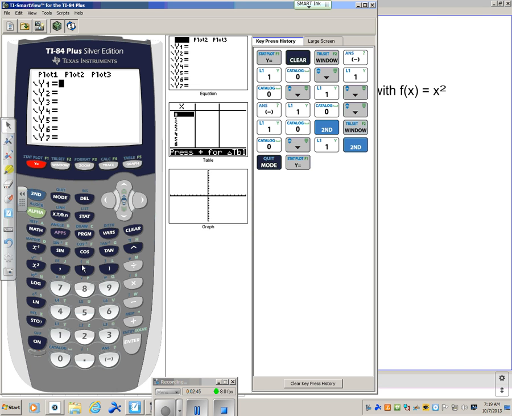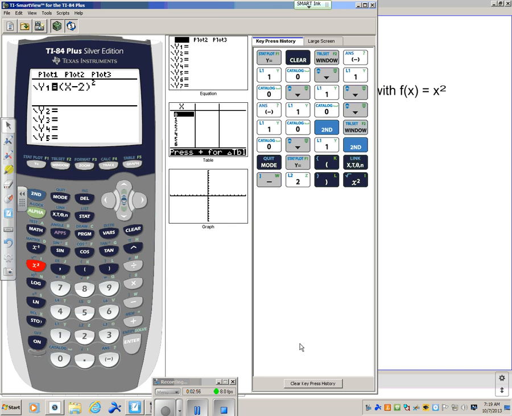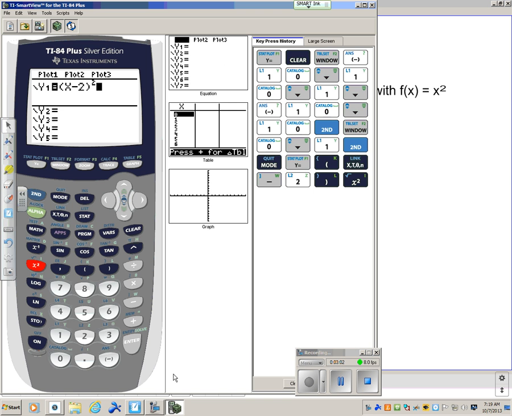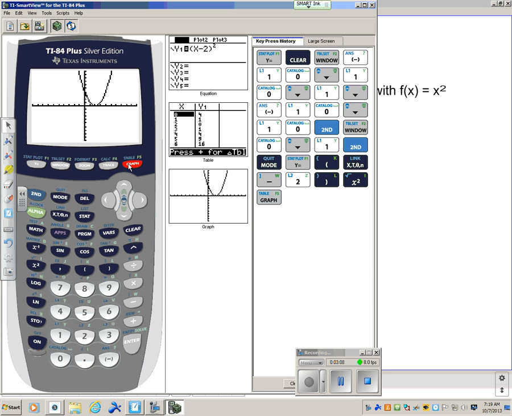And I believe the first one I have up there is x minus 2 squared. So x minus 2 squared, correct. So looking at that, I'm going to graph that out. Normally, I should actually plot the other one first.